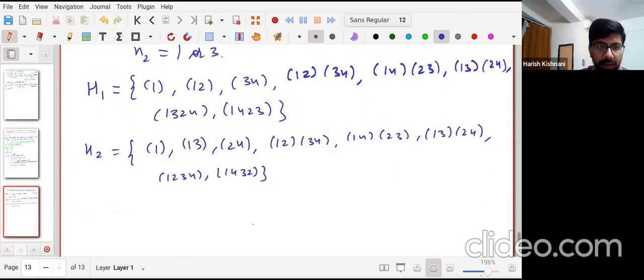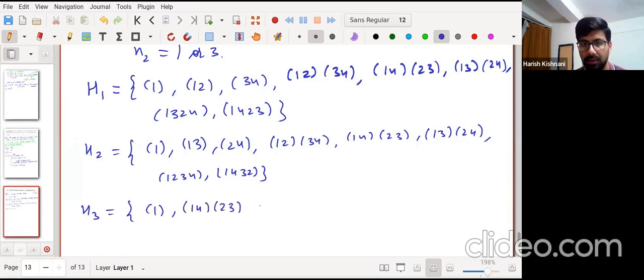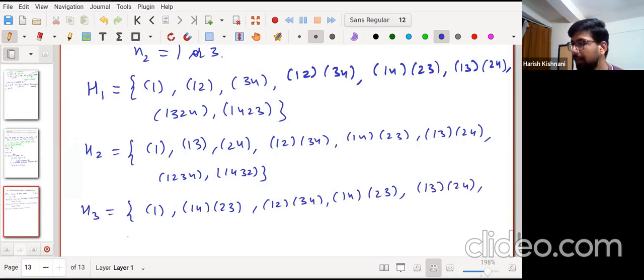I can give you another subgroup H3 where you have identity, 1, 4, 2, 3. Then again the next three elements are same, 1, 3, 2, 4, and the last two are different.